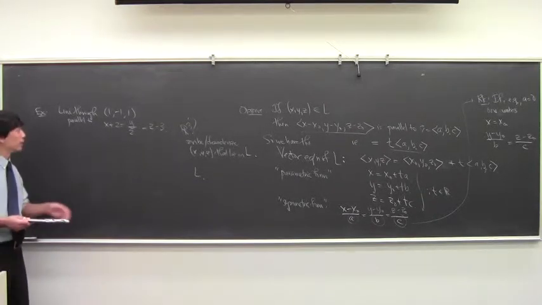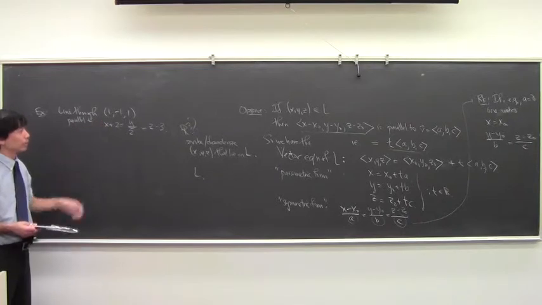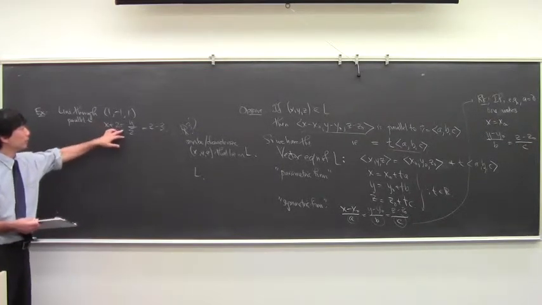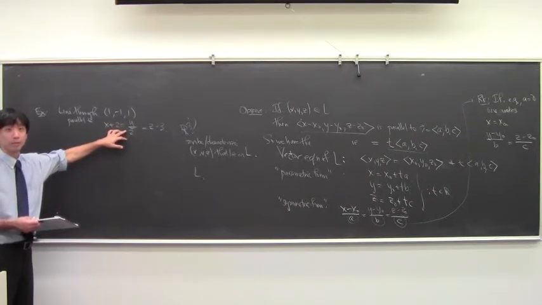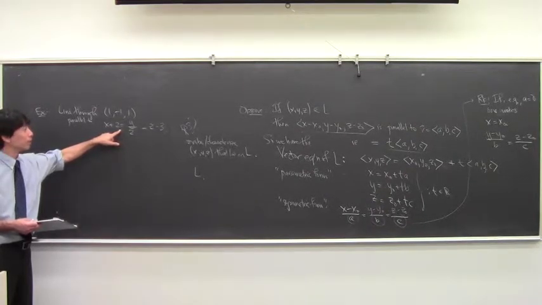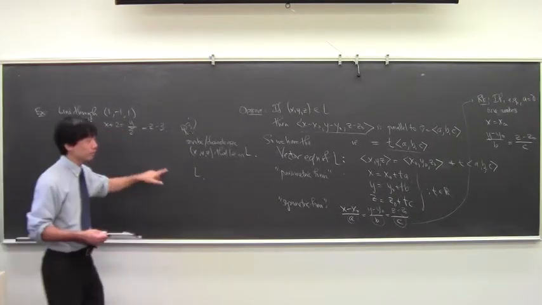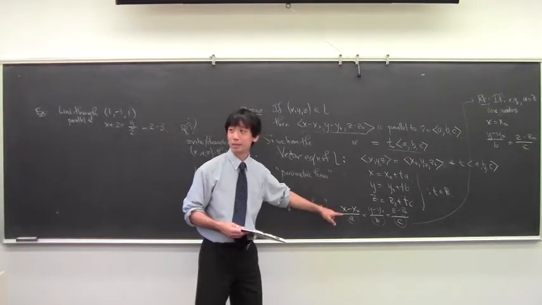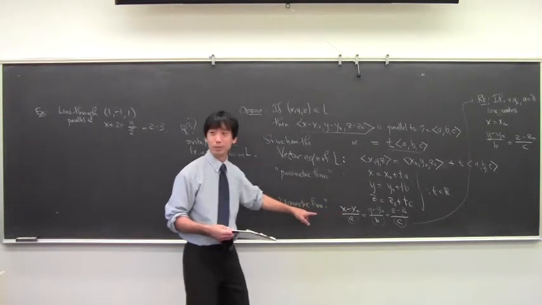Okay, so what's one expression for it? It's parallel to this line. What vector is parallel to this second line? Well, this is a symmetric form. The vector is going to be, Sydney? 1, 2, 1, right?